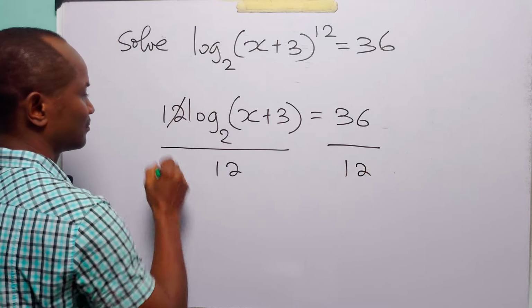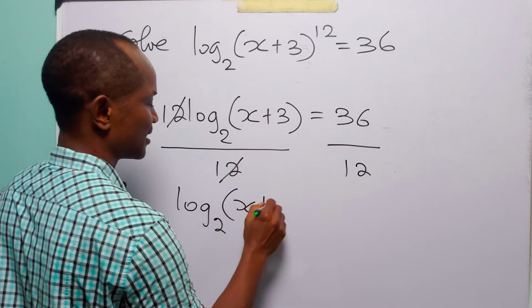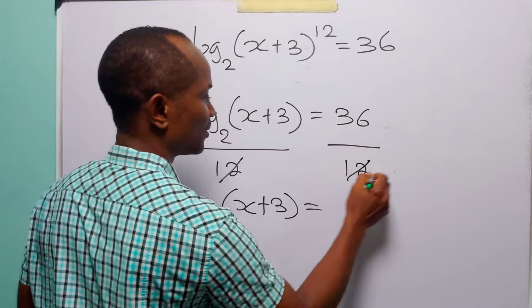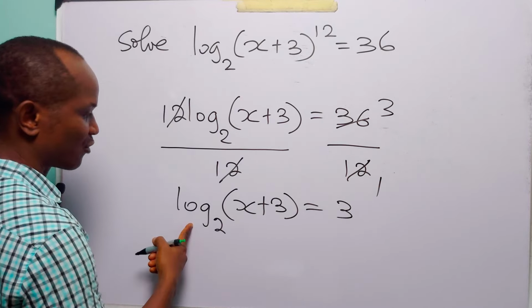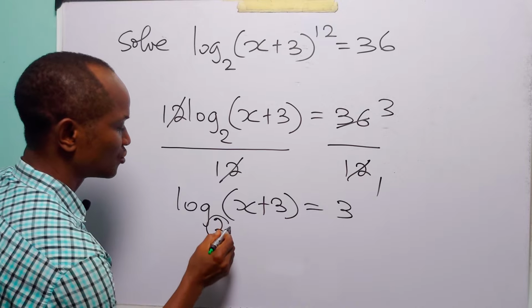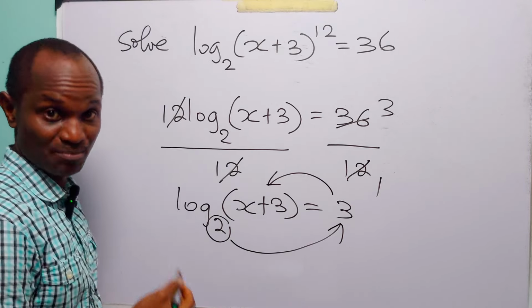So we have log base 2 of x plus 3 is equal to 3. And of course, you know that from here, we have that 2 to the power 3 is equal to x plus 3.